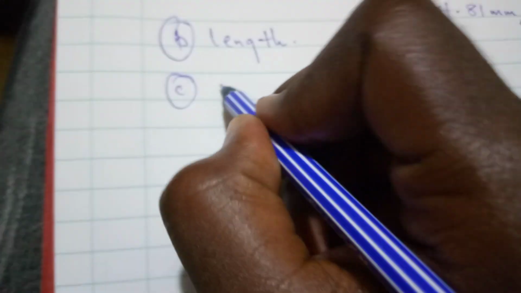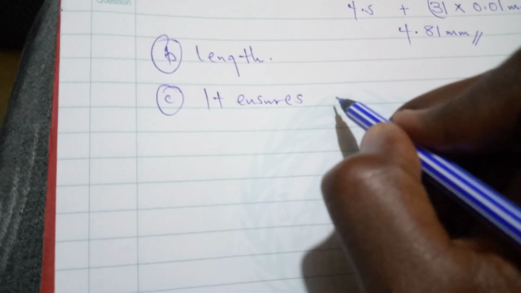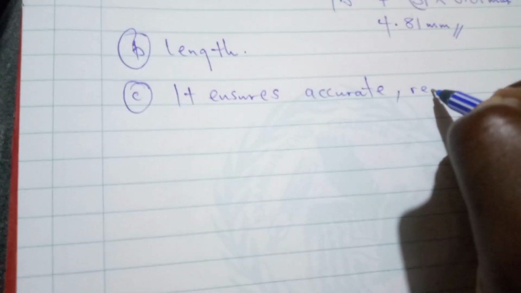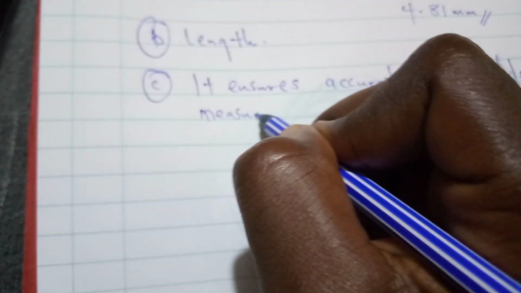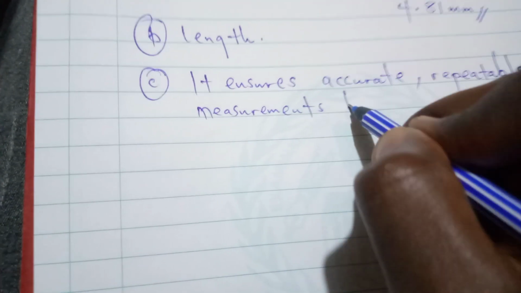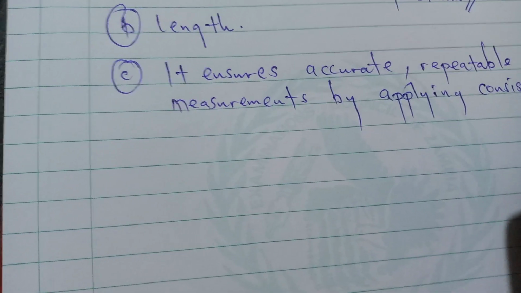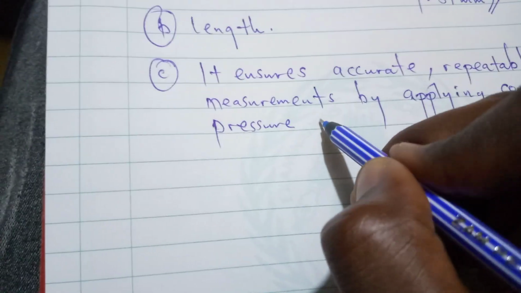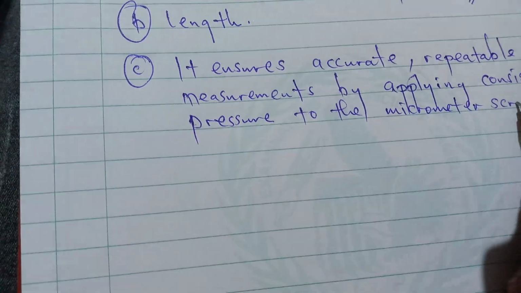So see, function of the ratchet: it ensures accurate and repeatable measurements by applying consistent pressure to the micrometer screw gauge.